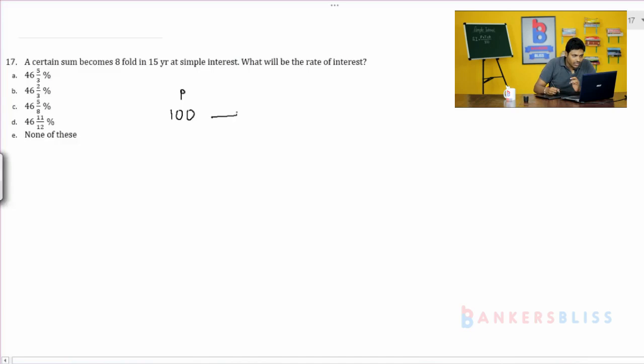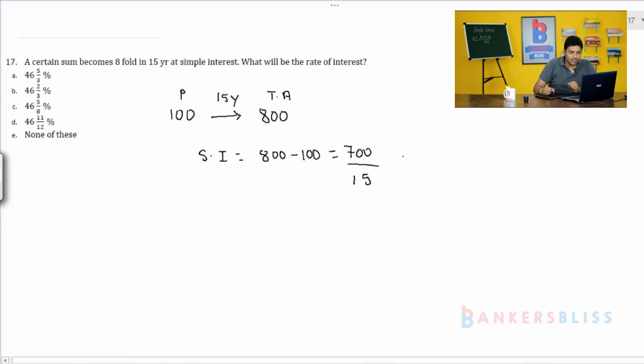After 15 years you are getting back 800 rupees, that is the total amount. So the simple interest is total amount minus principal amount, that is 800 minus 100, altogether you are going to get 700. So for 15 years you are getting 700, then per year how much will you get?